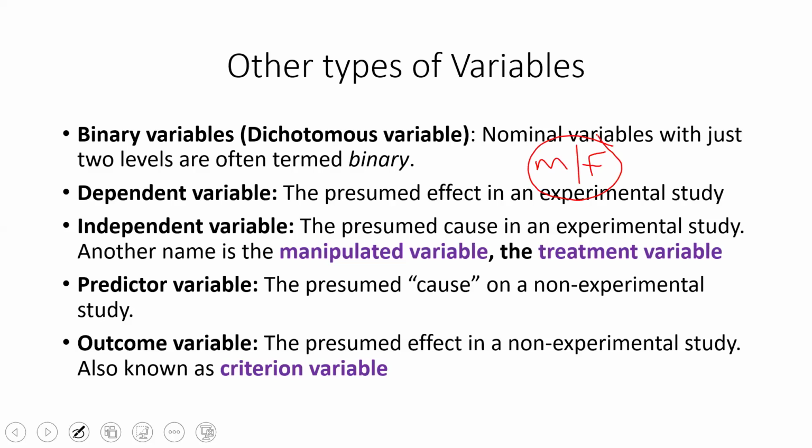It is actually nominal. There are so many classifications of gender now, so that cannot be a binary variable. But I want us to know that a variable that has only two levels of expression, dead or alive, you are either dead or you are alive, they can't be in between. Those are called binary variables or dichotomous variables.